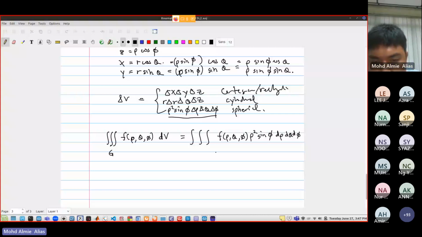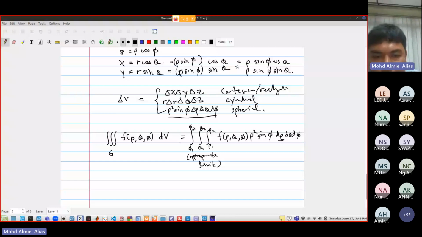And here you have appropriate limits. Because this is rho, the limits must be rho 1, rho 2. And for theta, you have theta 1, theta 2, which could be constants or functions. And here phi 1 and phi 2. Of course, the limits of the outermost integral must be constant, otherwise you won't be able to solve this.